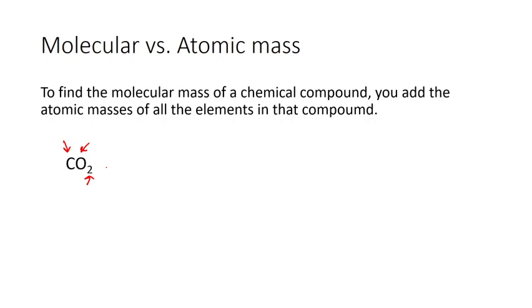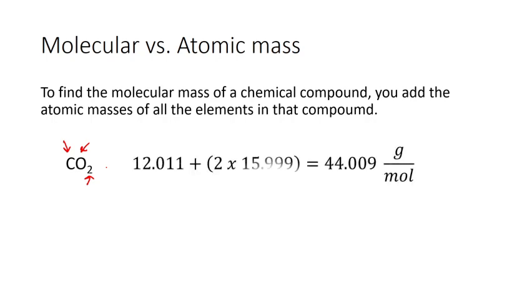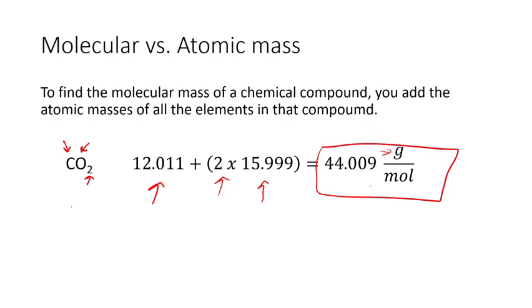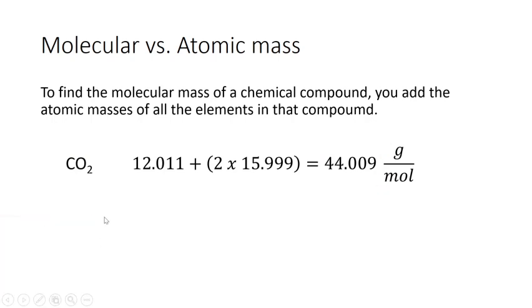So we look on our periodic table and we find that carbon is 12.011, and we add to that 2 oxygens at 15.999, and we get an answer of 44.009 grams per mole, because that's what the units of molecular and atomic mass are.